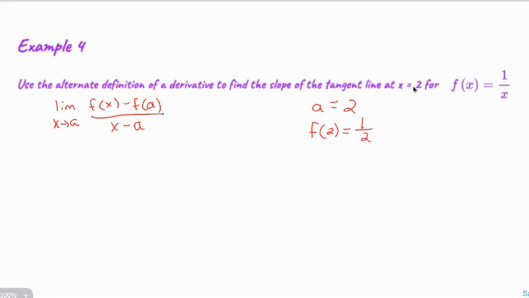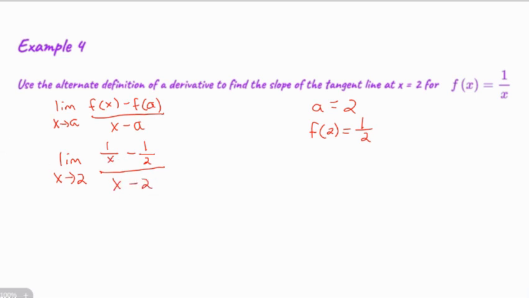But we actually don't need to go any further than that because we don't have any f of a plus h in this definition. So it ends up being the limit as x approaches 2 of f of x, that's just 1 over x, minus f of a, well, that's 1/2, and then x minus 2. Let's go ahead and get a common denominator.